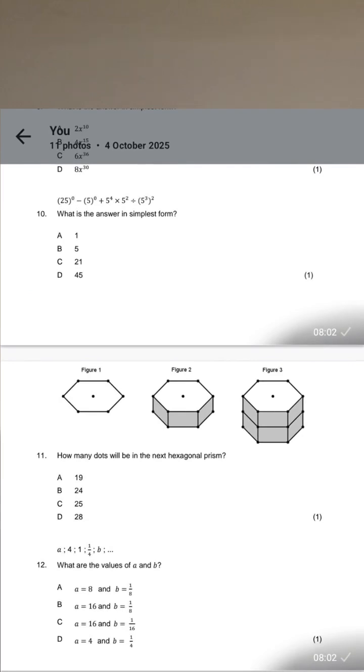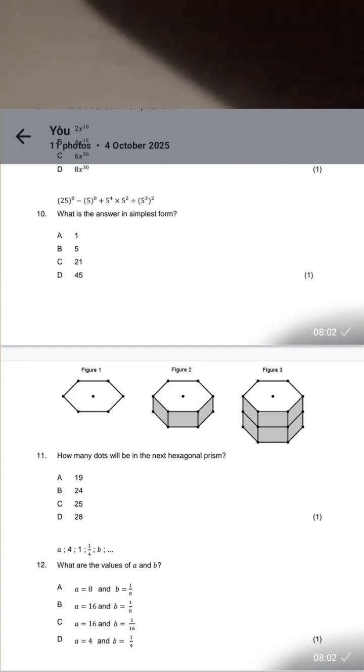So question 10, guys, at the top says 25 to the power 0. Okay, you can see that 25 to the power 0, right? I hope you can. 25 to the power 0 in brackets minus 5 in brackets to the power 0 plus 5 to the power 4 times 5 to the power 2 divided by 5 to the power 3 all squared.